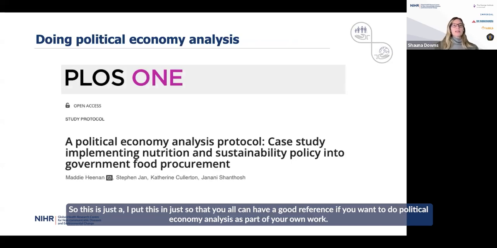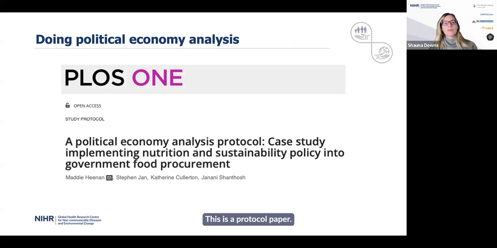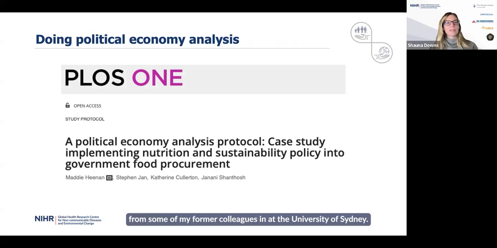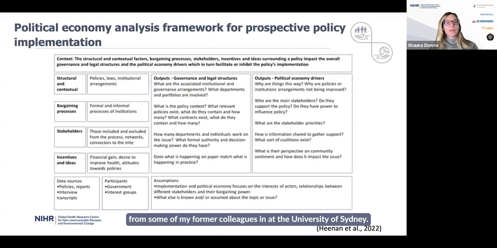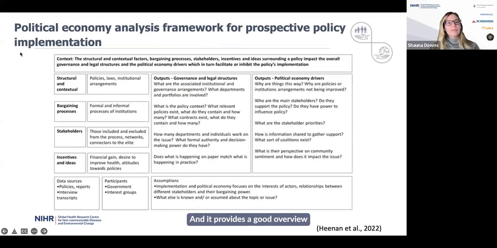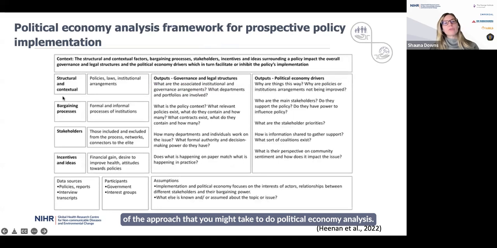So I put this in just so that you all can have a good reference if you want to do political economy analysis as part of your own work. This is a protocol paper from some of my former colleagues at the University of Sydney. And it provides a good overview of the approach that you might take to do political economy analysis.